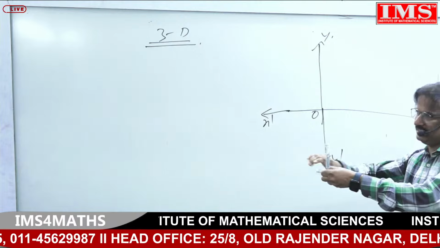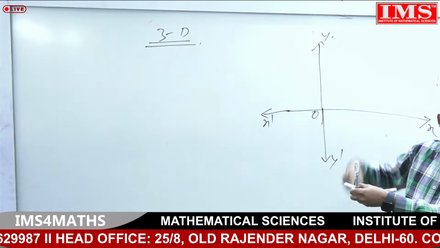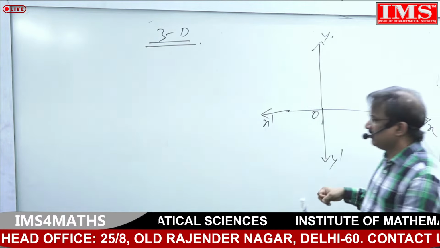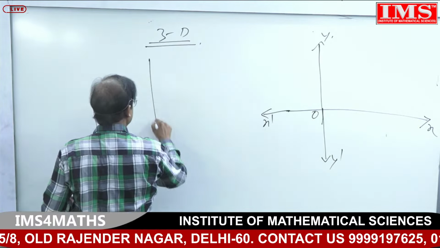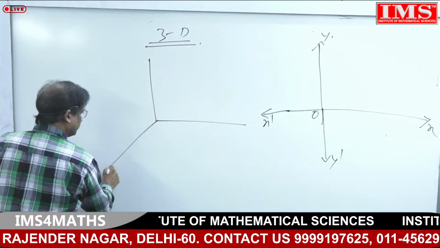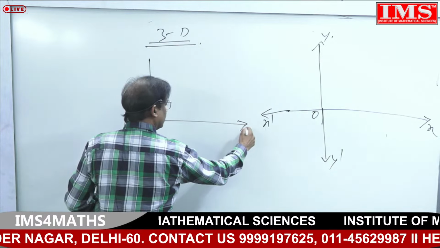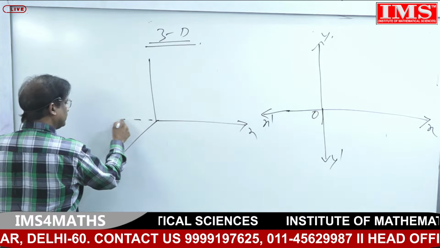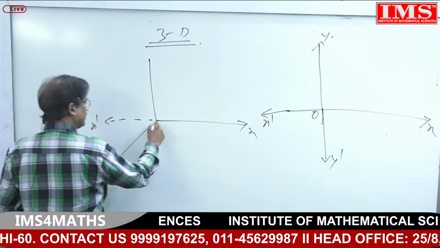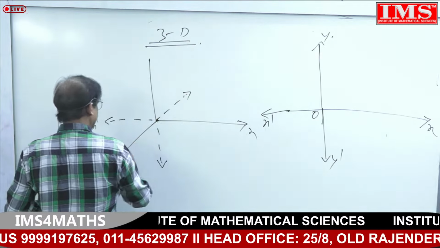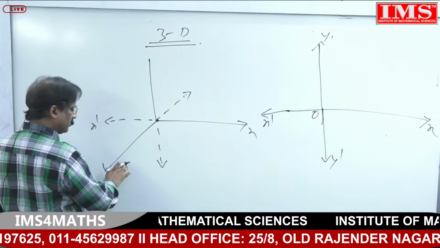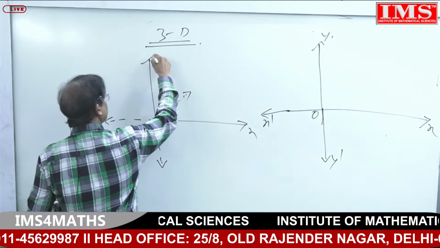Y is going to be inside the board, and then z. The 3 axes of reference are mutually perpendicular lines. I can write it as x dash, here y, according to my understanding, and I'll write z.